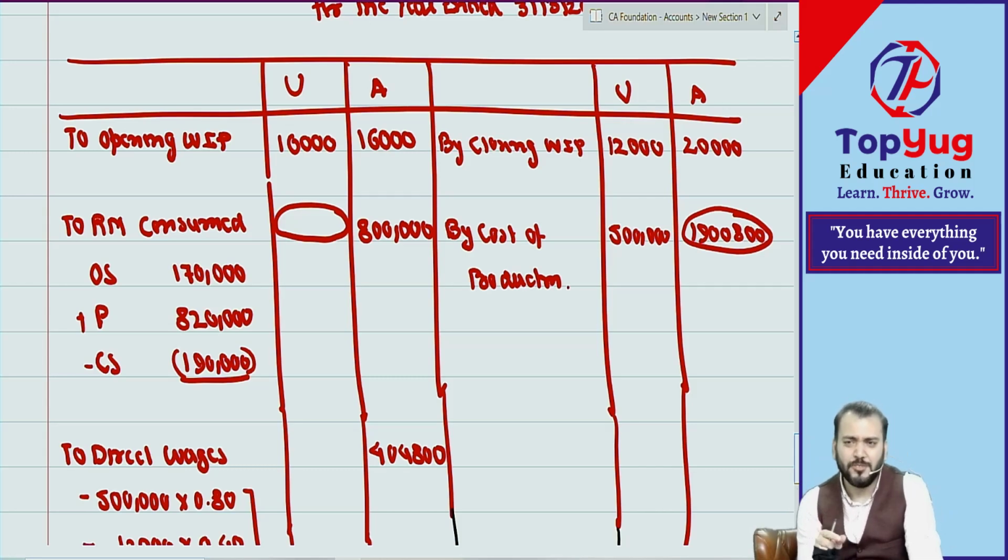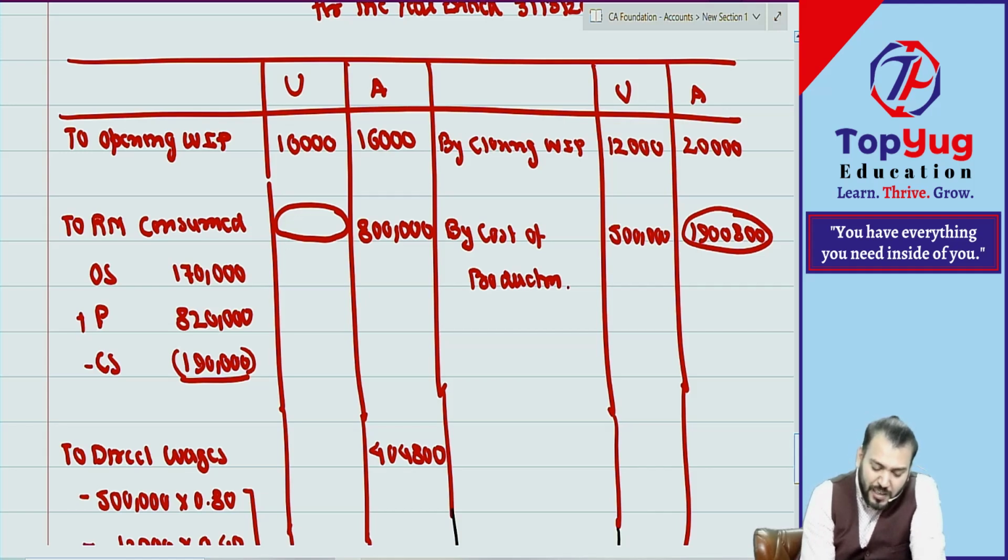Once you have understood the terms, accounts become easy. Now you can see 5 lakh produced, 12,000 closing, opening 10,000. So we can calculate how much raw material consumed: 5 lakh plus 12 minus 10, that is 5 lakh 2,000.